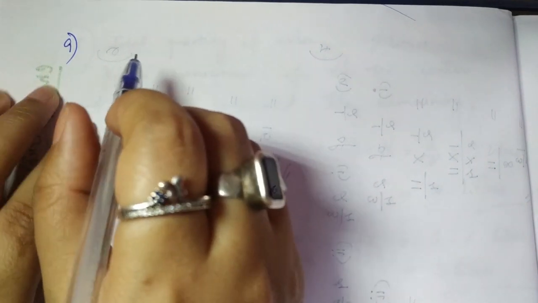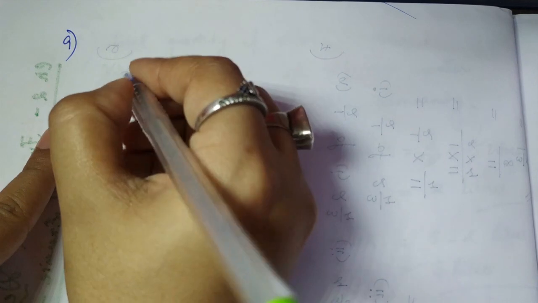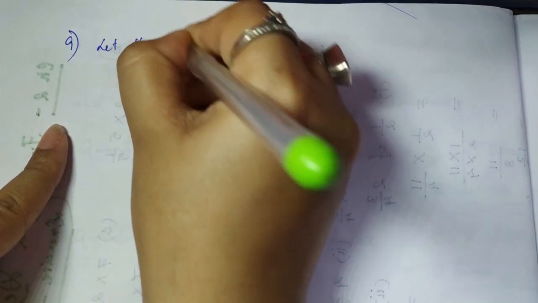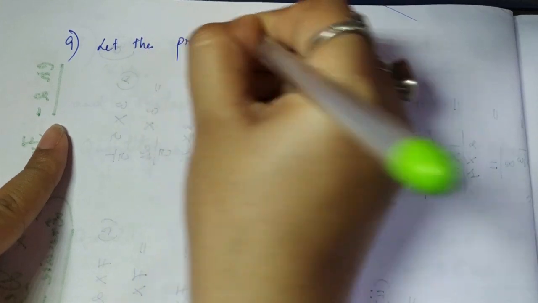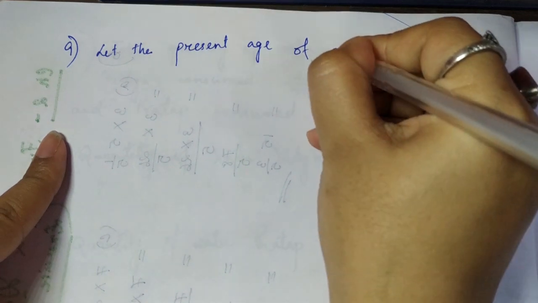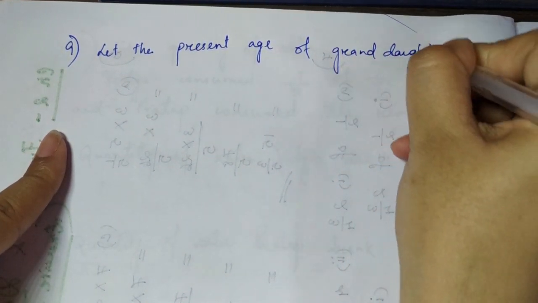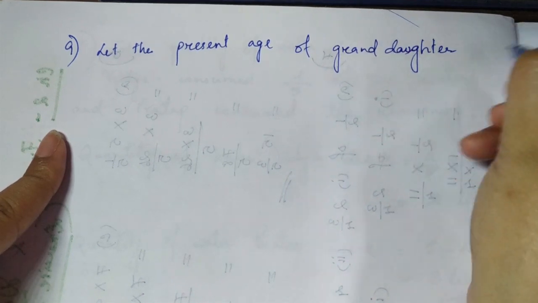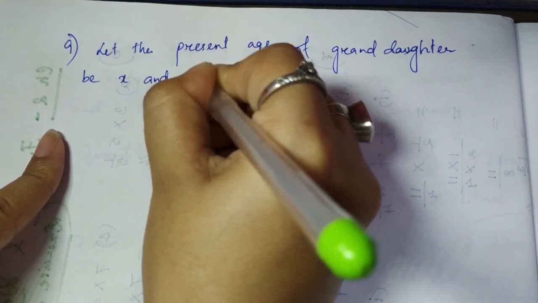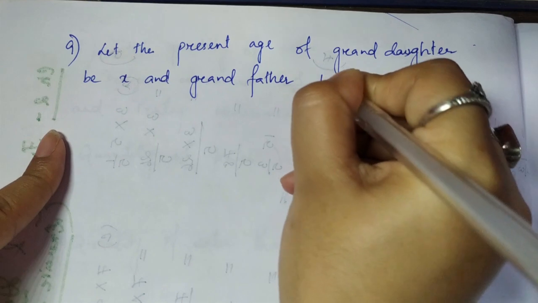Okay. Let us get started with question number 9 now. Okay. So let's write. Let the present age of granddaughter be x and grandfather is 10 times, so grandfather be 10x.